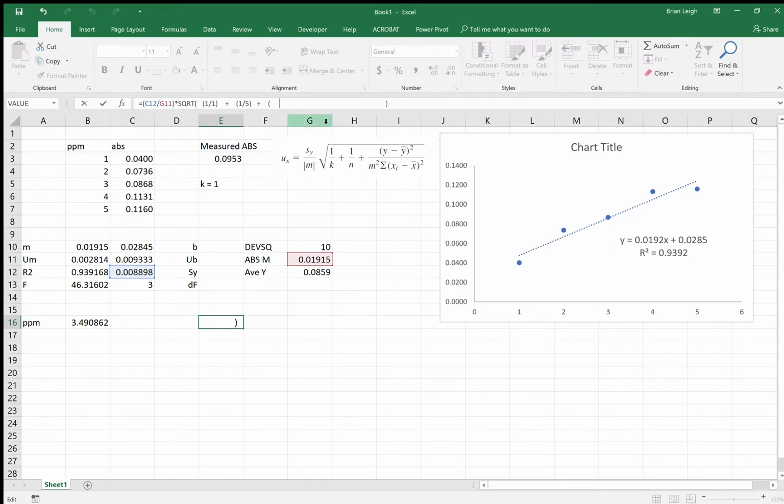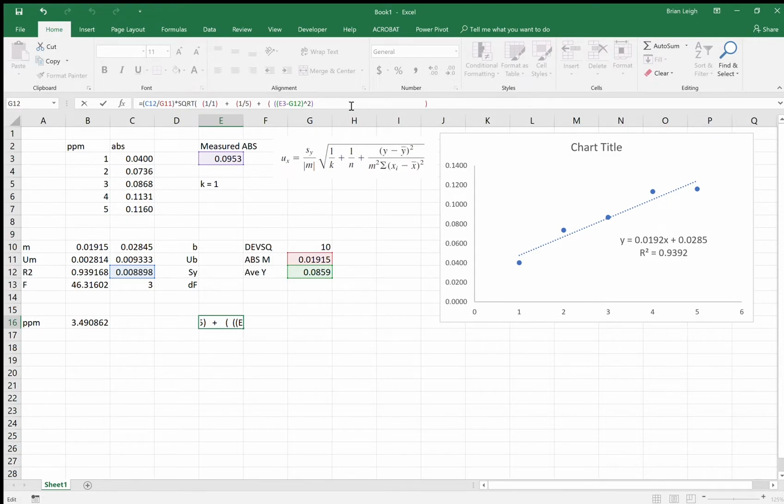Now let's do the top part of the equation. The top part of the equation is simply the y value minus y average, and that quantity squared. We'll put those in parentheses. There.